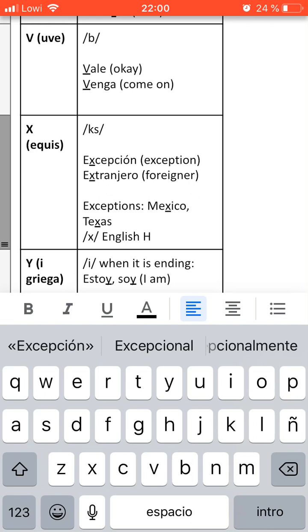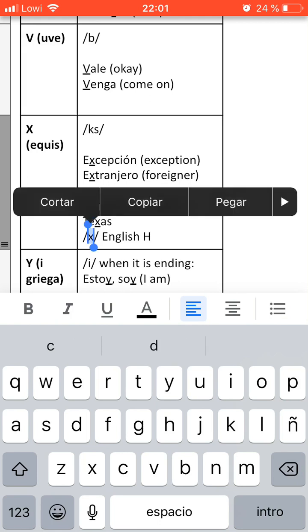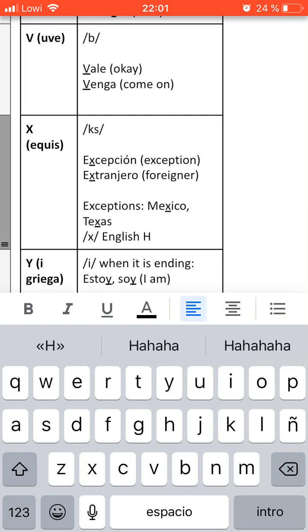The exceptions to this rule are only two words, Mexico and Texas, which in Spanish are pronounced especially as Mexico, Texas, with the aspirating phoneme, which is equivalent to an English H. Only these two exceptions. The rest of the words with X are pronounced like in English.